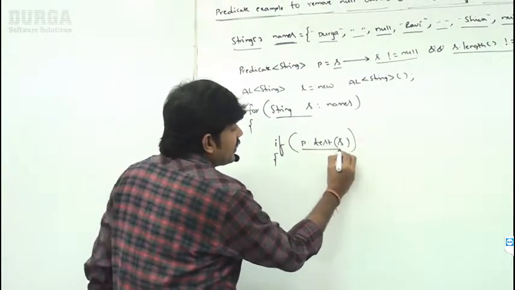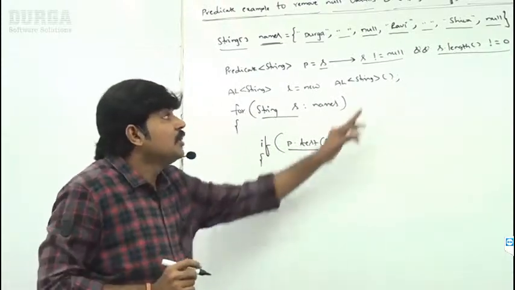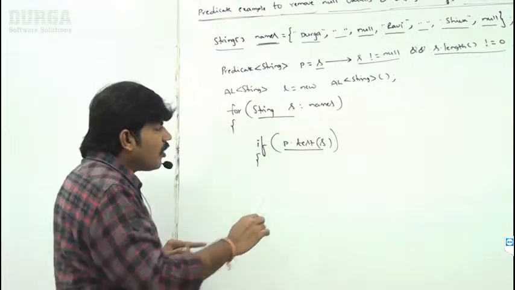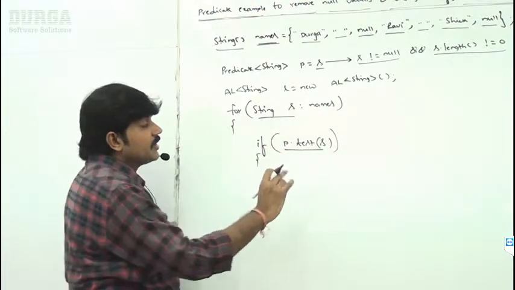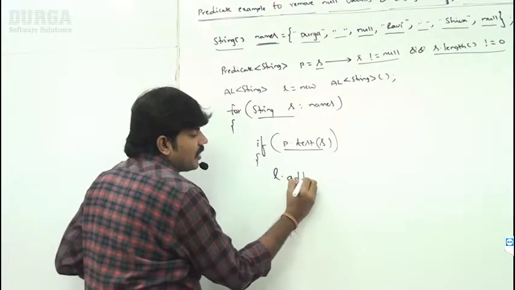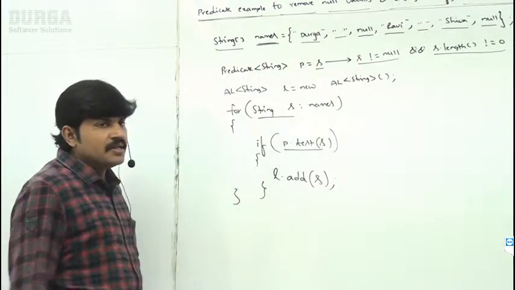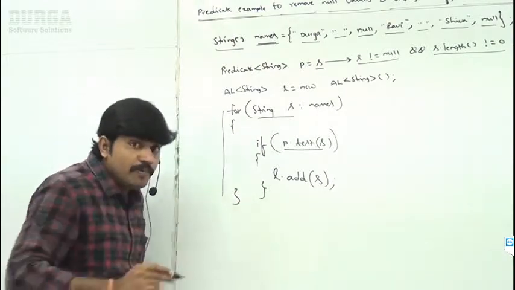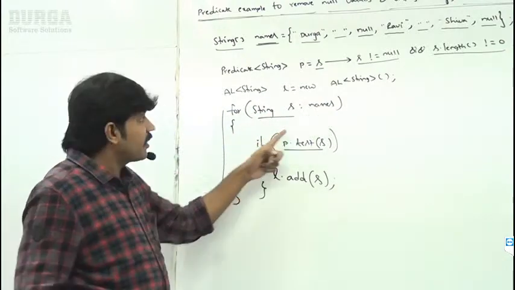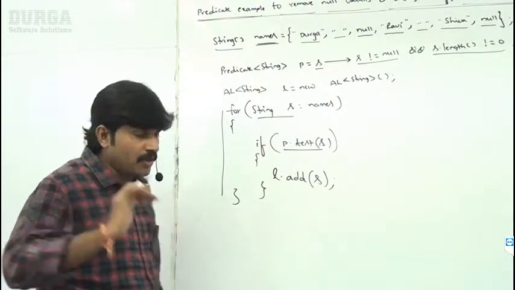If this predicate test method returns true, it means it is not null and it is not an empty string. Clear, right? Now it is a valid string, so add this valid string to the list: L.add(s). That's all. This cycle will be repeated for every string present in this array, and this logic is applicable to every string.